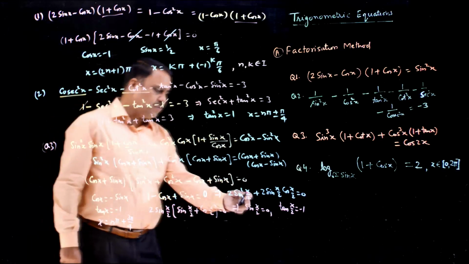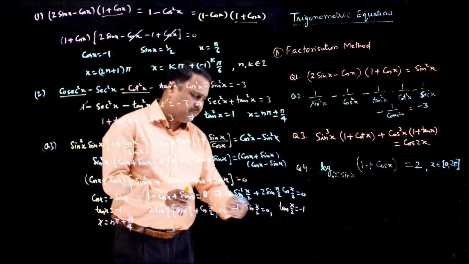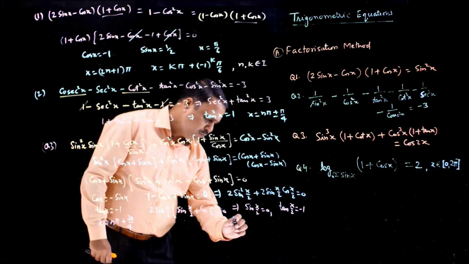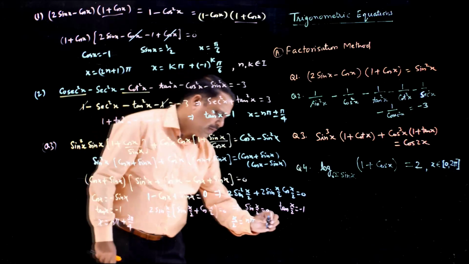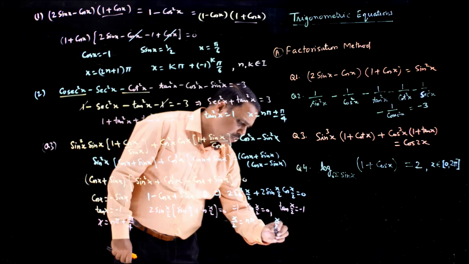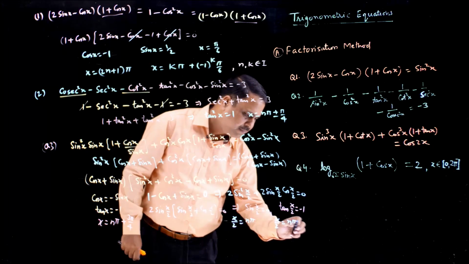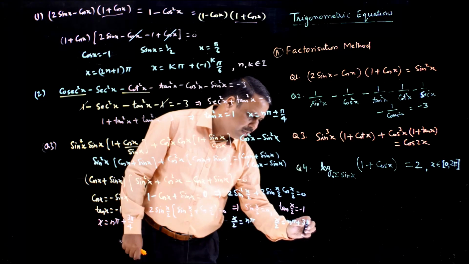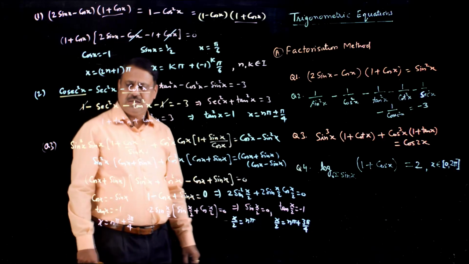From here you will get x by 2 is equal to n pi. Or from here x by 2 is equal to n pi plus 3 pi by 4. Now you can write this question in this form.